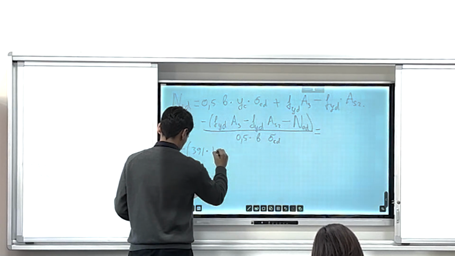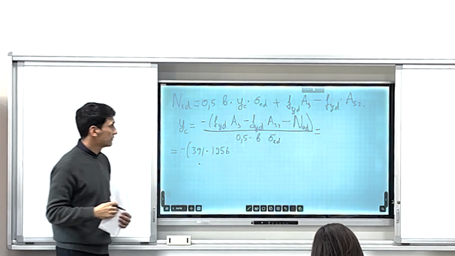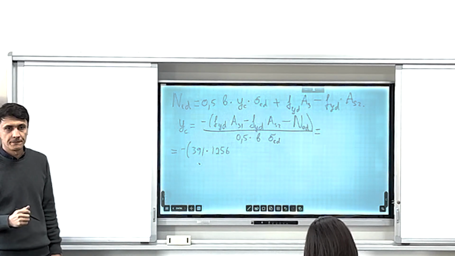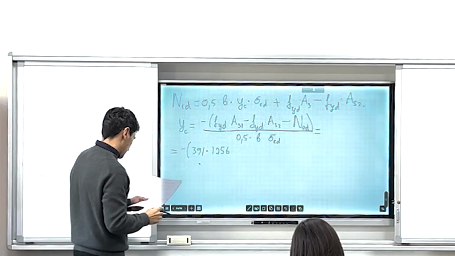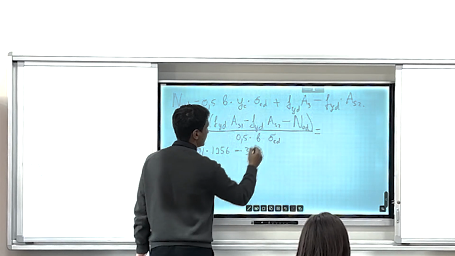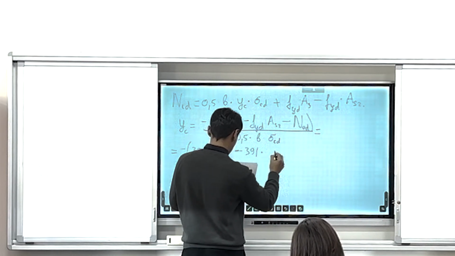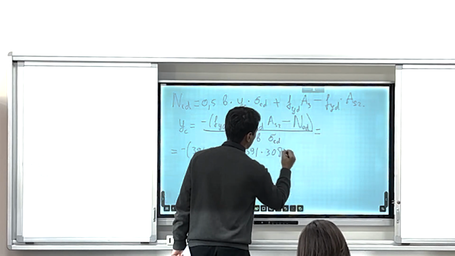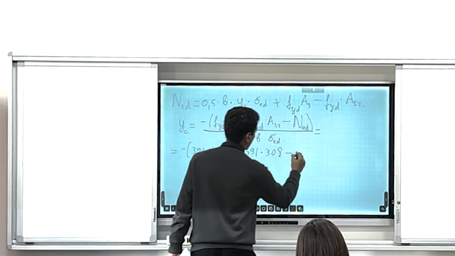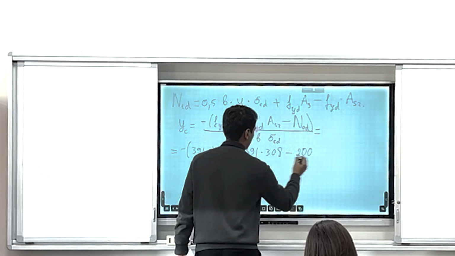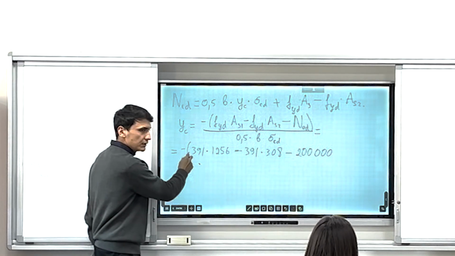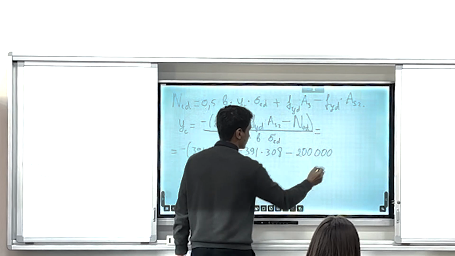In the first row, is it AS1? Yes, it's AS1, thank you. So now we have 391 multiplied by AS2, which is 308. Then we have 200 kilonewtons. Because we are using megapascals, I converted from kilonewtons to newtons.